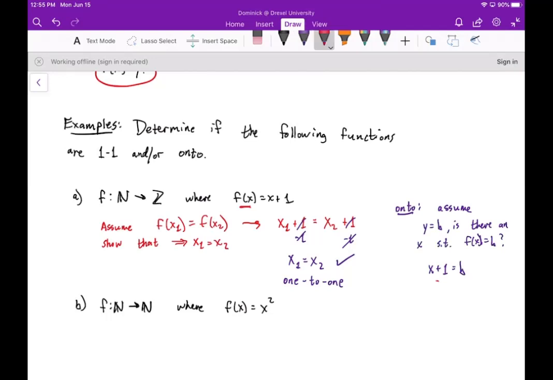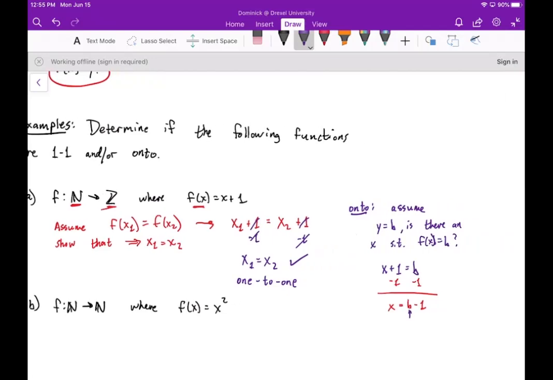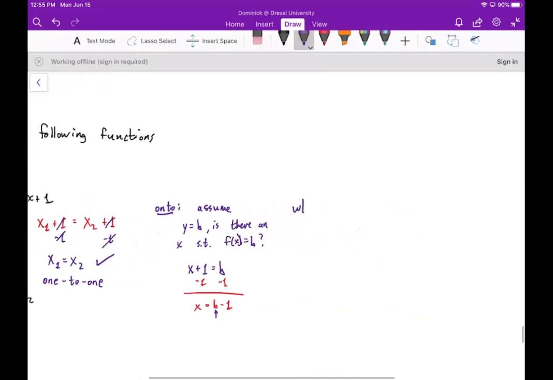And then, of course, we could solve for x, and we would get that x is equal to b minus 1. So it appears that we've found the formula here, right? But we have to be kind of careful, right? Because we're going from the natural numbers to the integers, right? Now, this b, since it's a y value, has to be an integer, right? So it looks like, for example, what if I wanted to get a negative integer, right? So let me come over here. What about negative integers?